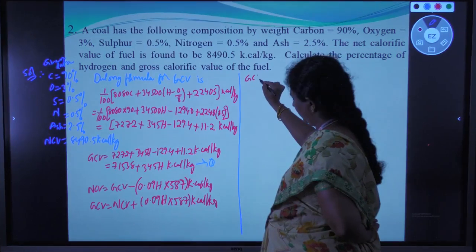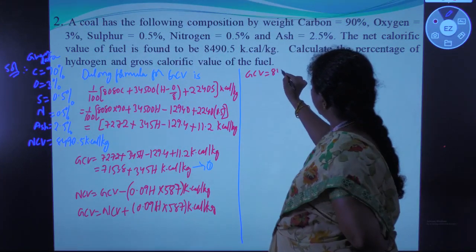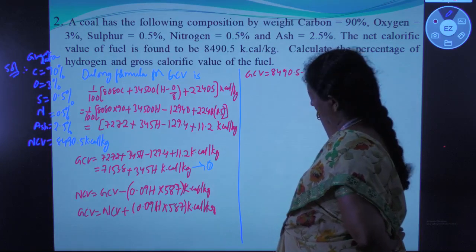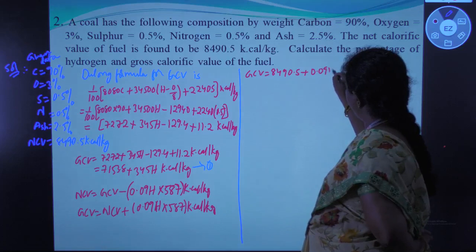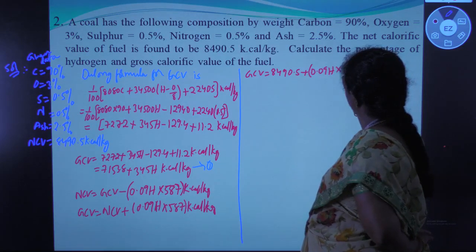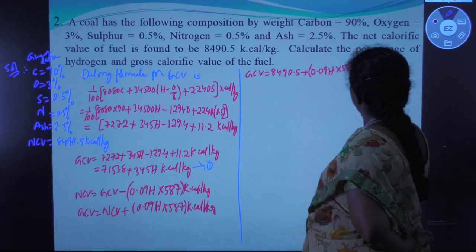Now we will be getting GCV is equal to 8490.5 plus 0.09 hydrogen into 587 kilocalorie per kilogram.